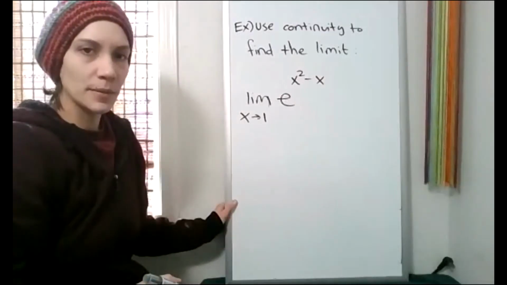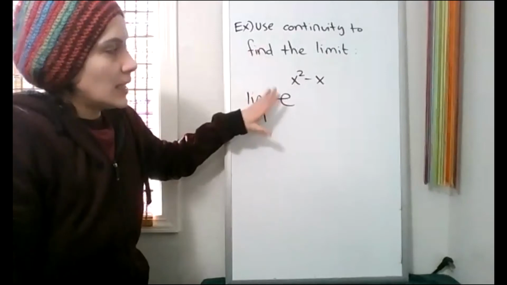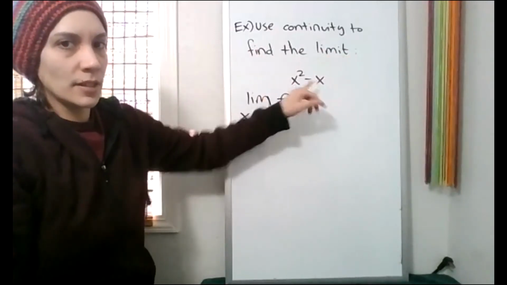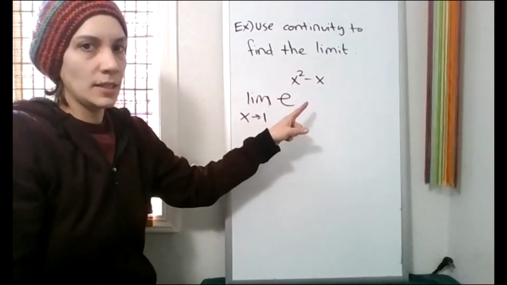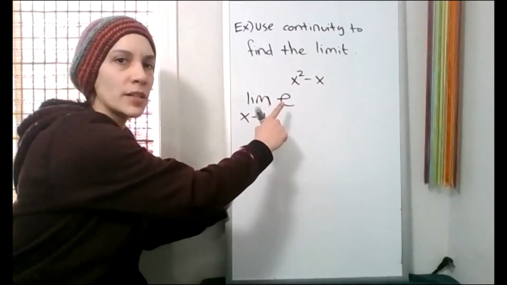This looks kind of familiar, but what we do is, e to the x is a continuous function. This is a polynomial, which is also a continuous function. So we can bring this limit into the function. With this exponential function, it looks kind of weird.